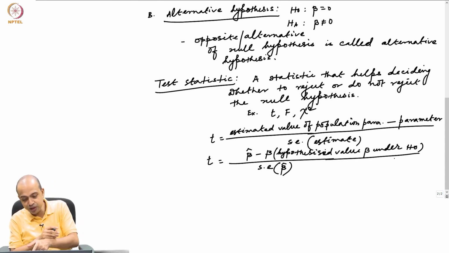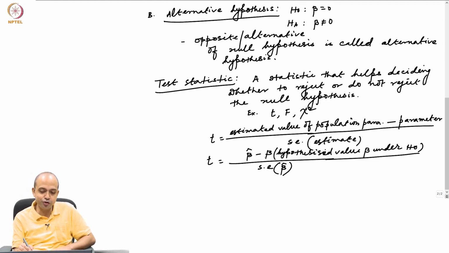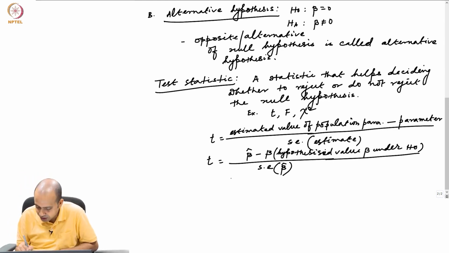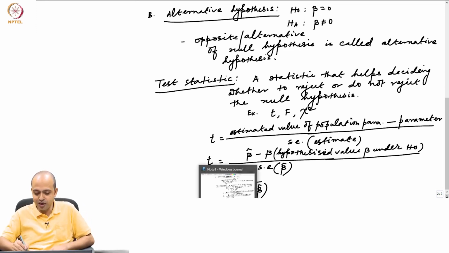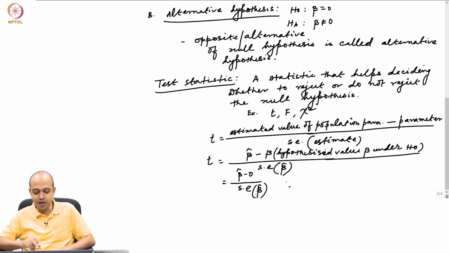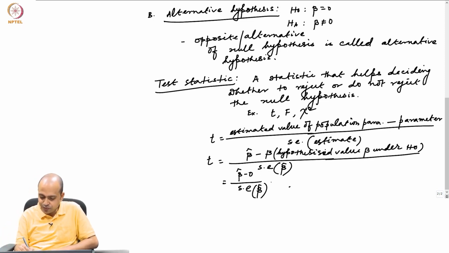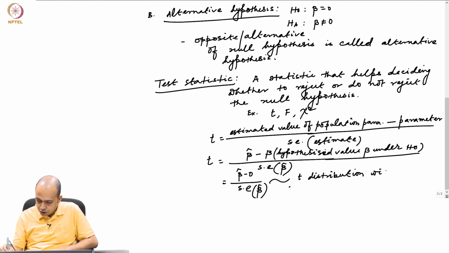That is why, in place of beta, we use the hypothesized value of beta under the null. And what is the hypothesized value of beta under the null? That is 0. That is why the t statistic is defined as simply beta hat minus 0 divided by the standard error of beta hat, or simply beta hat by the standard error of beta hat, and this follows a t distribution with n minus 2 degrees of freedom.